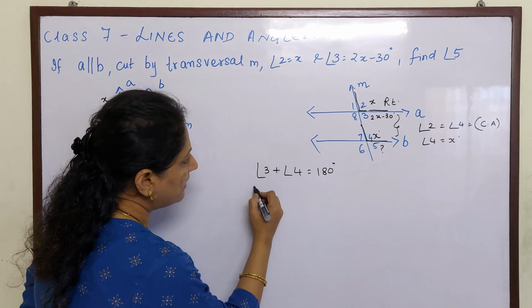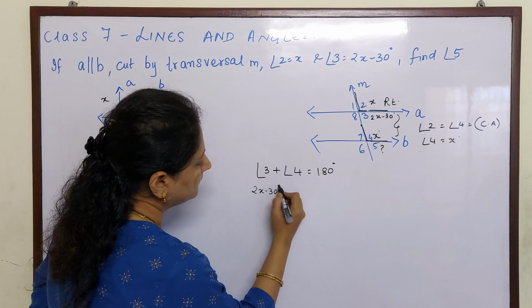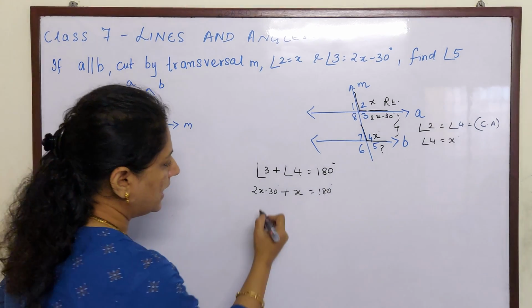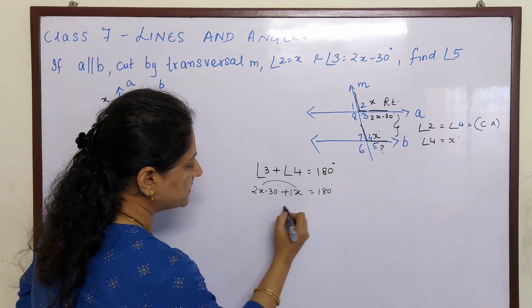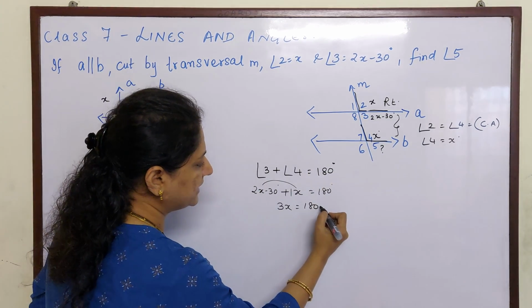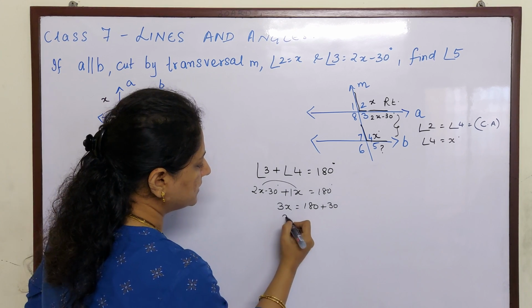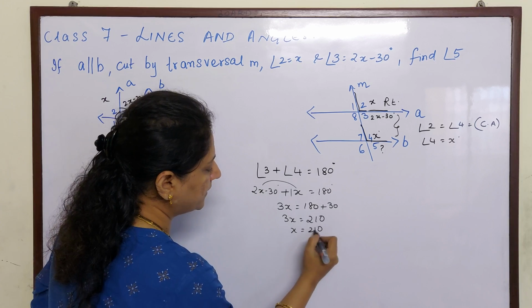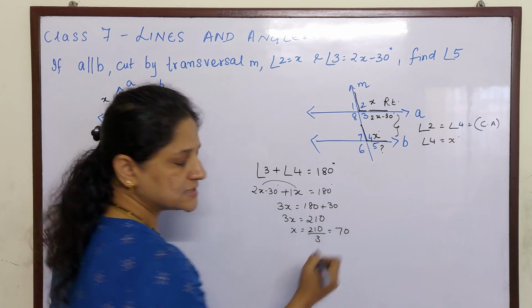So now I have angle 3, I have angle 4, I have substituted the value. I get 2x plus x as 3x because no number means 1, and 180 minus 30 will give me plus 30. So 3x is equal to 210 and x is equal to 210 divided by 3, which is 70.